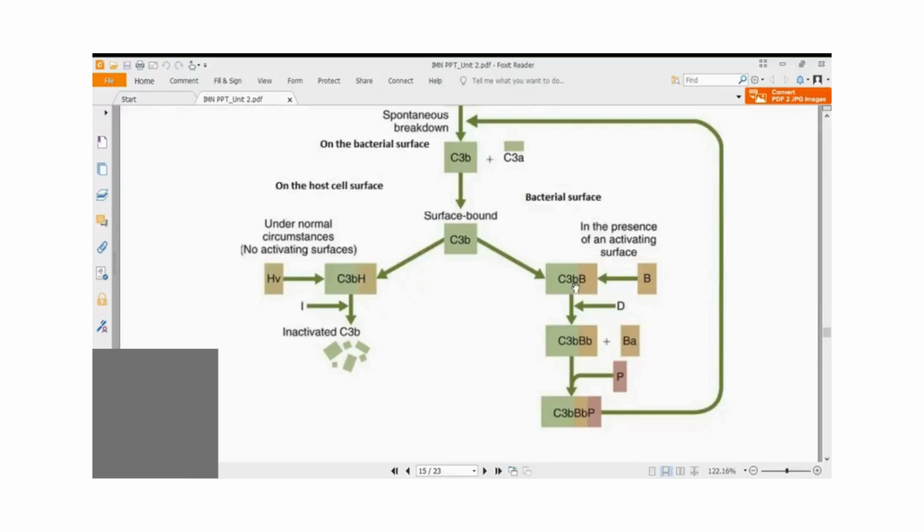Macrophage can recognize C3b that is readily bound to the bacterial surface, and using the C3b receptor it can engulf the bacteria. And engulfing bacteria through a receptor on the surface is called endocytosis.